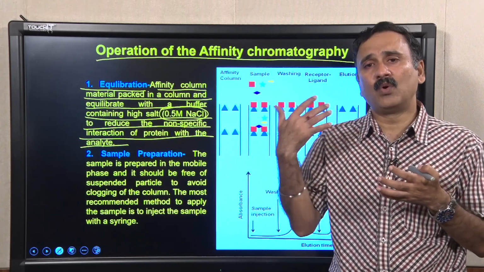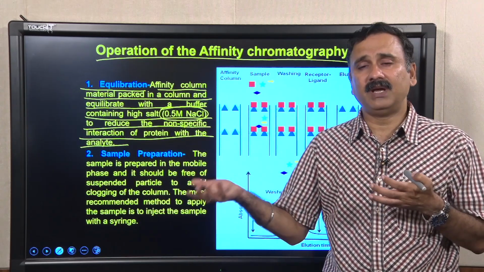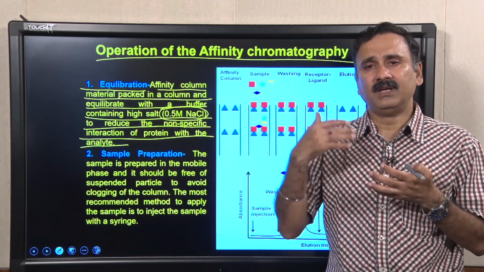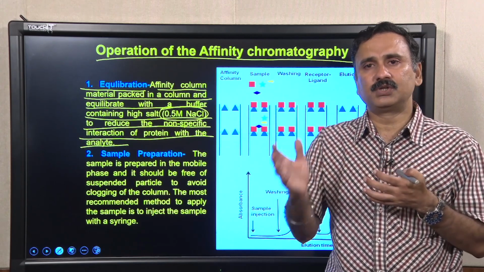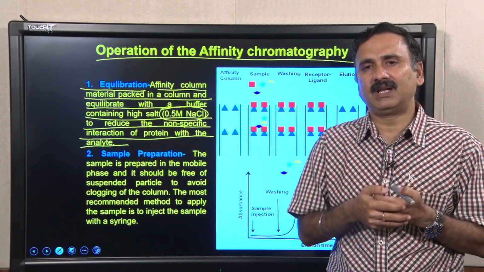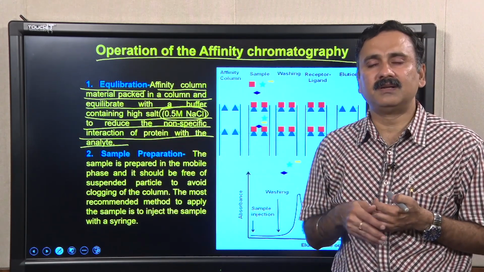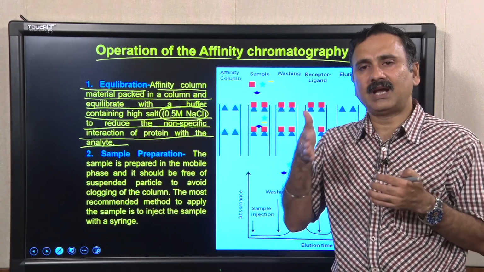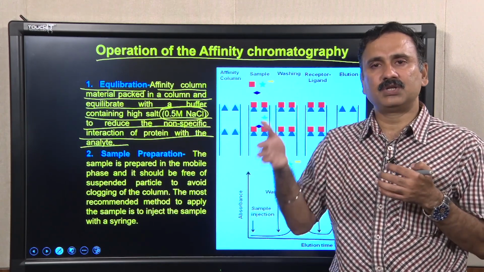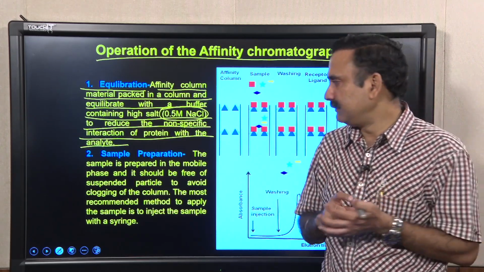So, it can also provide functional groups where other proteins may interact by ionic interactions or hydrophobic interactions or even some other kinds of non-specific interactions. So, to avoid that, you have to keep a very high salt concentration, so that ionic interactions, van der Waals interactions, or mild hydrogen bonding do not take place.